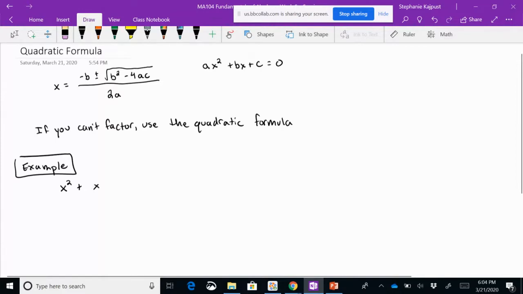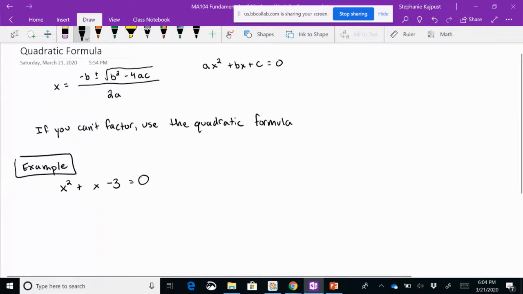Actually, let's do plus x and then minus 3. Yeah, so we'll start with something simple. So we have x squared plus x minus 3.